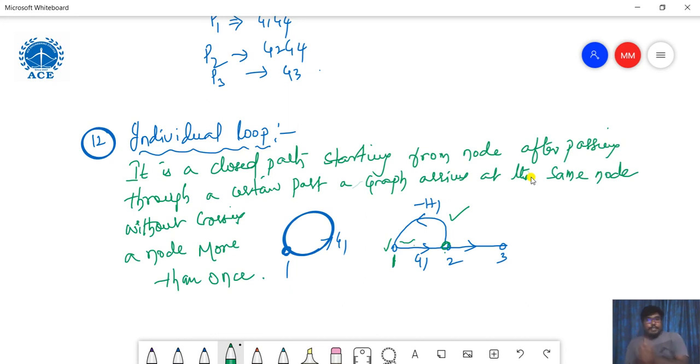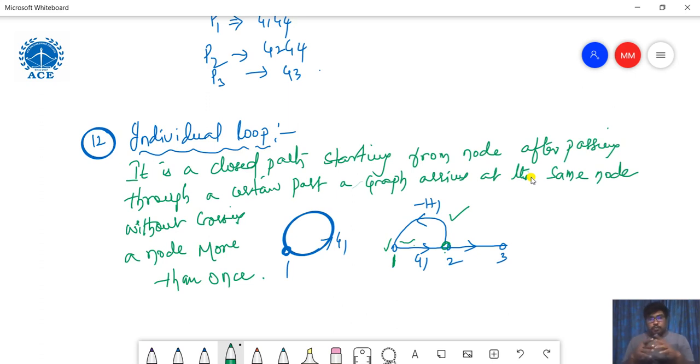See here, it is a closed path starting from a node, after passing through a certain part of the graph, arrives at the same node without crossing a node more than once. So that is called an individual loop.